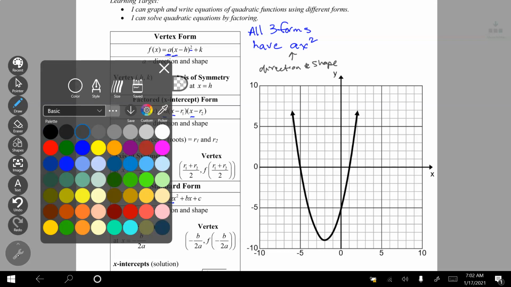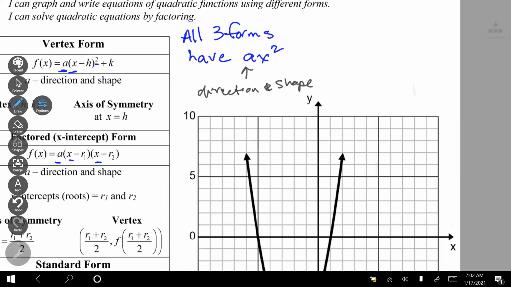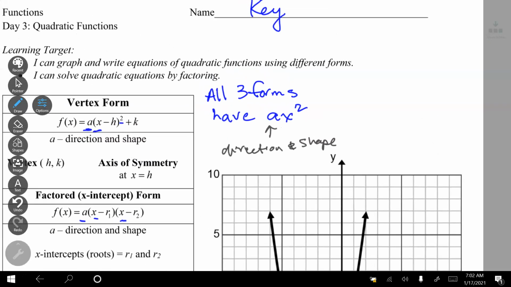Well, let's zoom in a little bit. When a is a positive number, it is going to look like this, concave up. When a is a negative number, it's going to look like this, concave down.